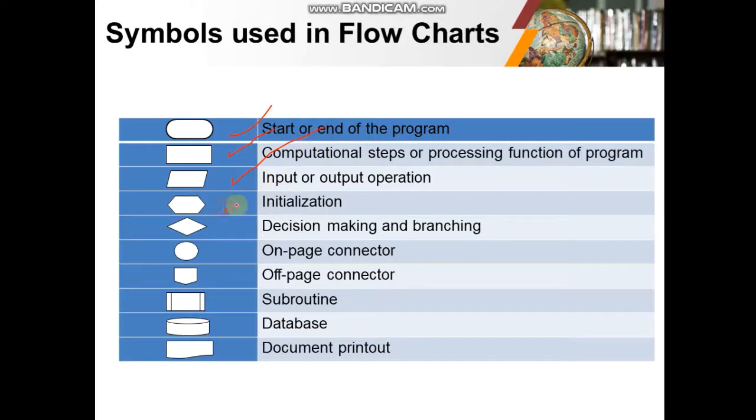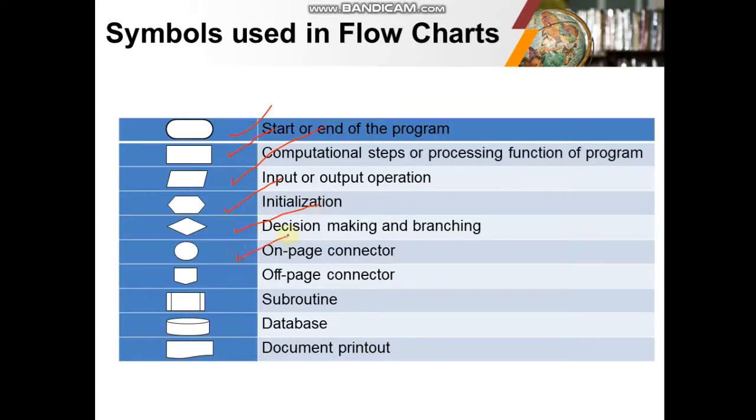The initialization block is used for initializing variables. For decision making, as I have discussed in algorithm, we will be dealing with different kinds of decision making, such as the conditional, order, and iteration. We will be using the diamond symbol.